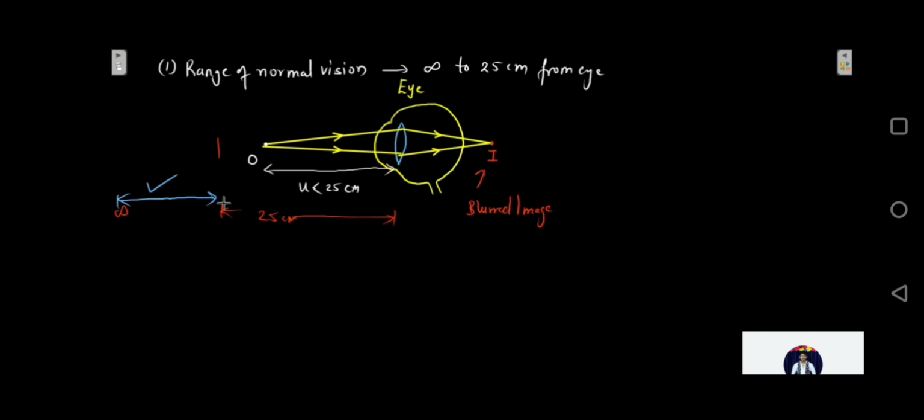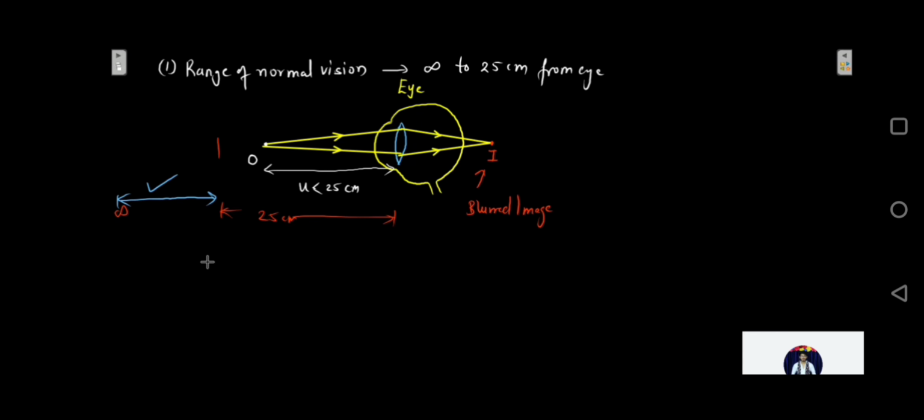If the object lies within this 25 centimeter from the eye lens, what would happen? The image will not be formed on the retina, because the maximum capacity of bulging out of the eye lens is already reached. It won't be able to bulge out more, and the object will not be seen clearly, and the image which is formed is blurred. Okay, that is the first point.